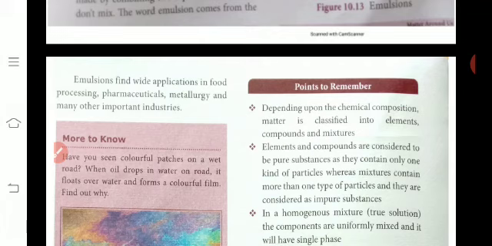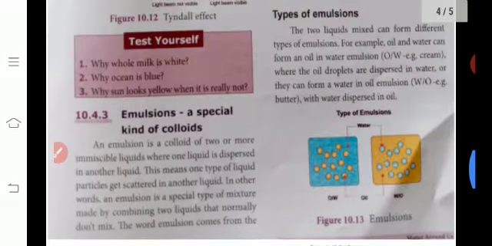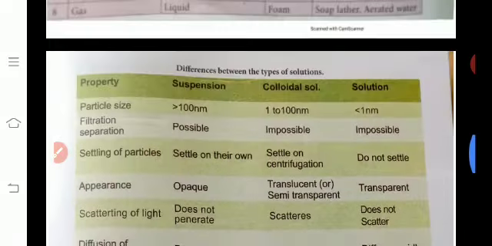Five-mark questions. Write the difference between elements and compounds. You already read that. Now explain the Tyndall effect and Brownian movement with a suitable diagram. I will teach it.